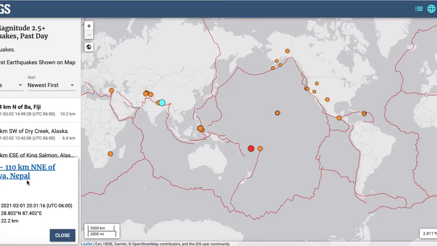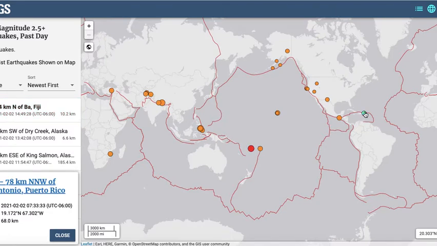So there you are. That's in Nepal. This red right here is in Fiji. Over here, that is in San Antonio, Puerto Rico. Right there is actually in New Mexico in the United States. Up here, it's in Petrolia, California. Here is in Idaho. So we have earthquakes around the United States.